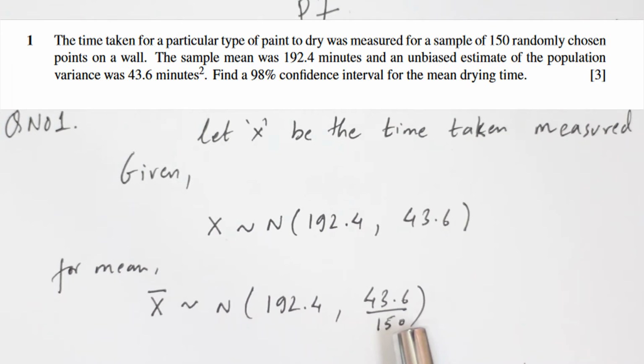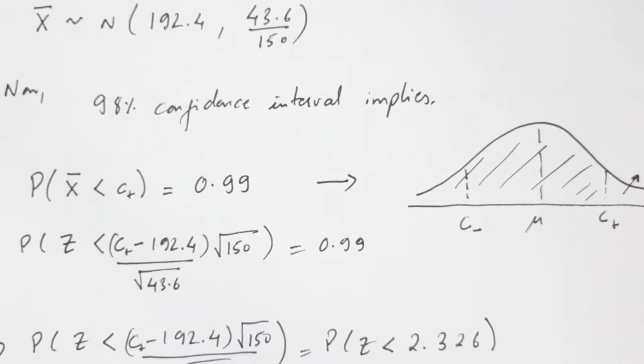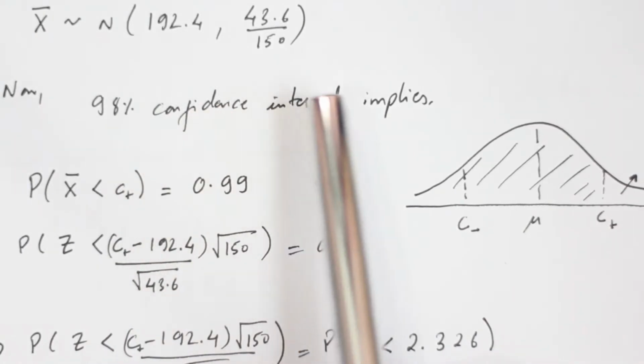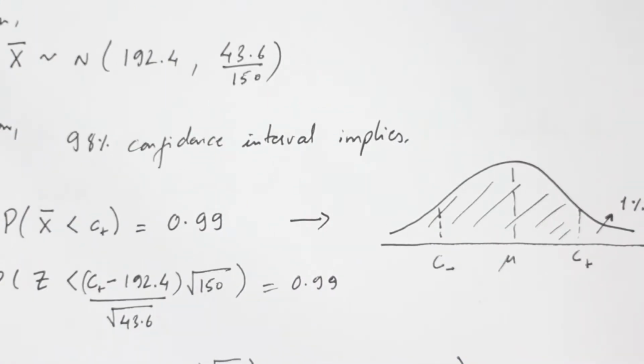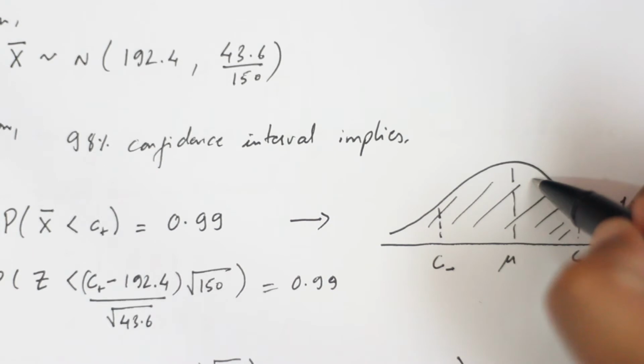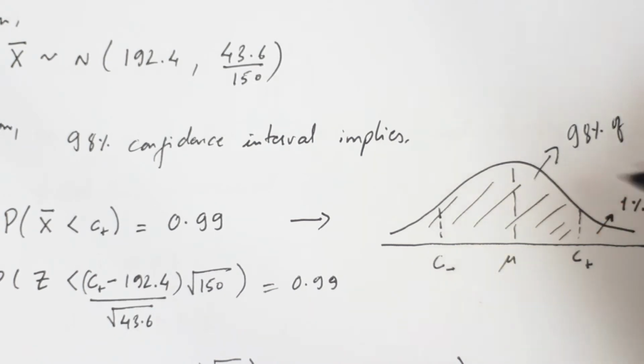So what does 98% confidence interval mean? Let's look at it. The 98% confidence interval implies that this shaded region represents 98% of the data.